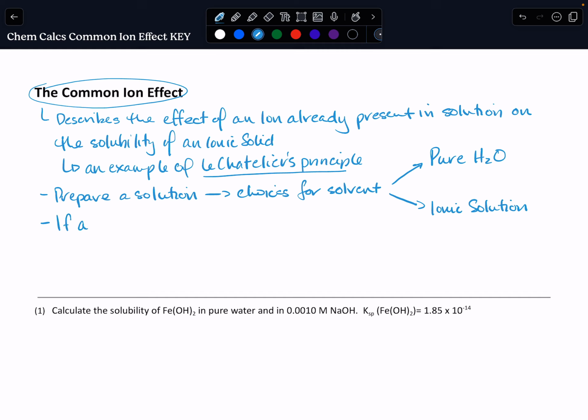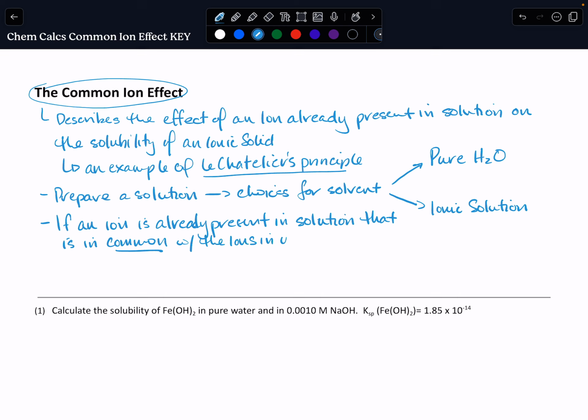But in the end, if an ion is already present in solution that is in common with the ions in your solid, then solubility will decrease.